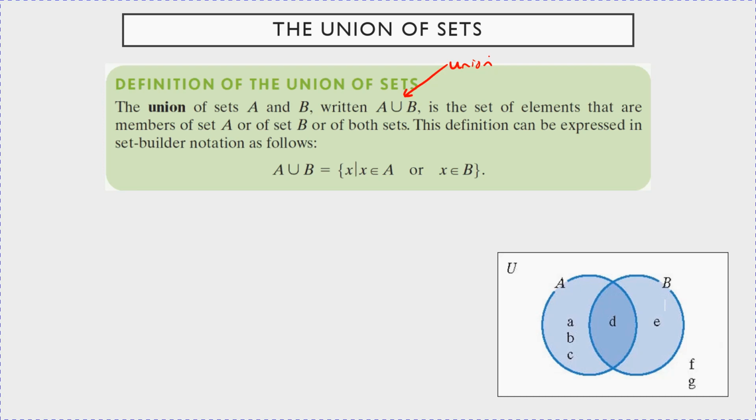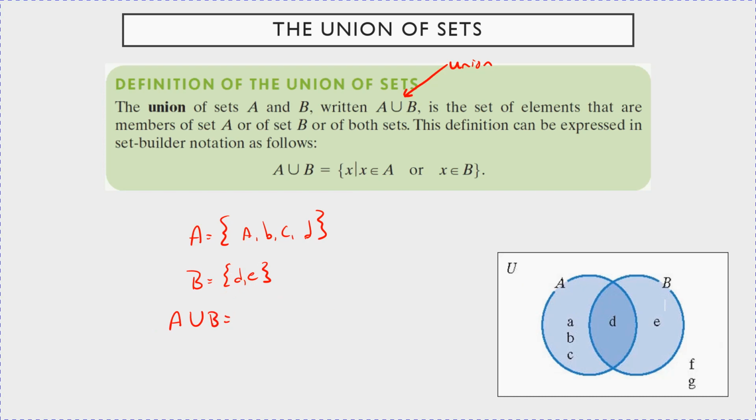So this definition can be expressed as follows: A union B is equal to the set of elements X such that X is an element of A or an element of B. Going back to this example, set A is the elements A, B, C, D. Set B is D and E. When we want A union B, basically it gets pushed together.